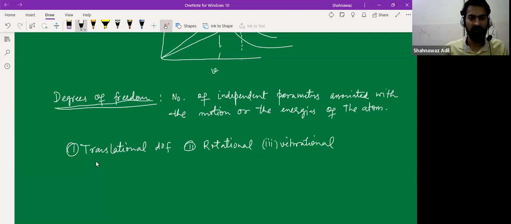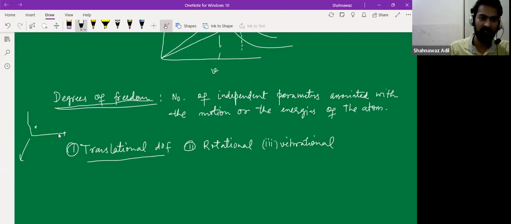So what are the translational degrees of freedom? Let's say you have a point here in the coordinate system, with axes X, Y, and Z. You move this particle here, in the X direction, in the Y direction, or in the Z direction. So this is called the translational degrees of freedom. Okay.